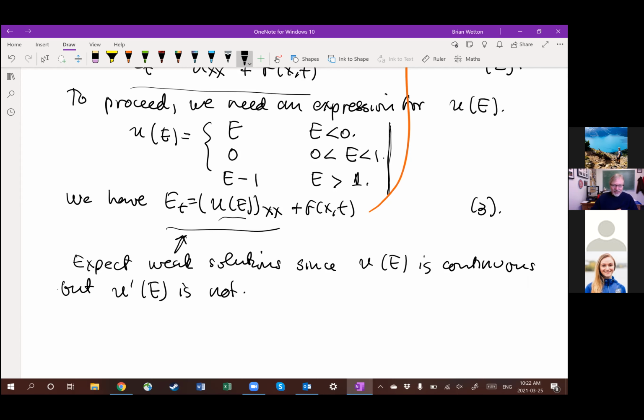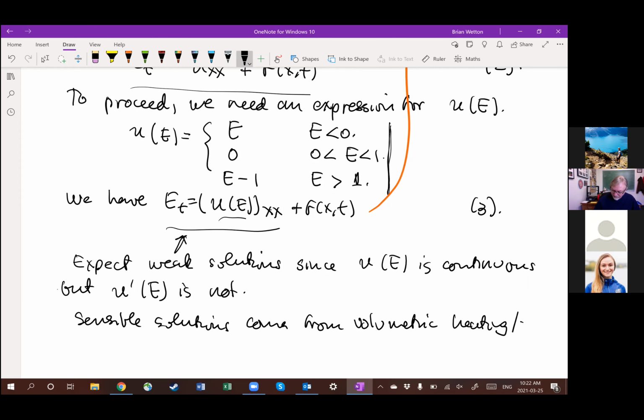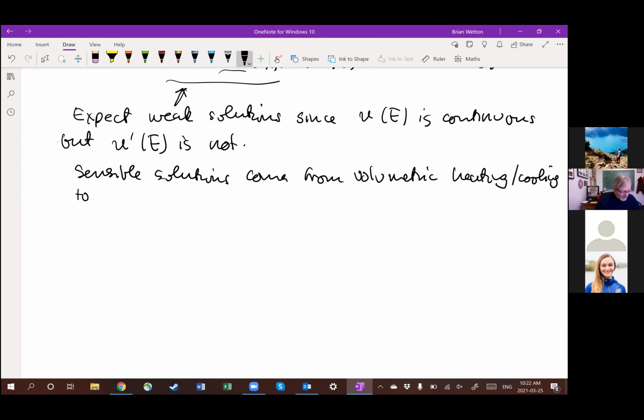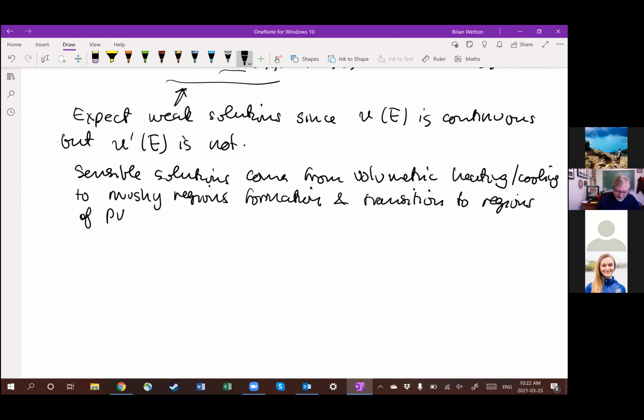But this gives sensible solutions that come from volumetric heating or cooling, to mushy regions formation and transition to regions of pure ice or water.